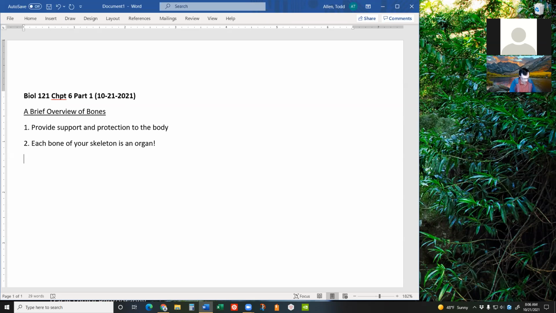Okay, so let's see what else we can say here. Bones have special substances that allow them to manufacture blood cells. So bones manufacture blood cells. Okay.